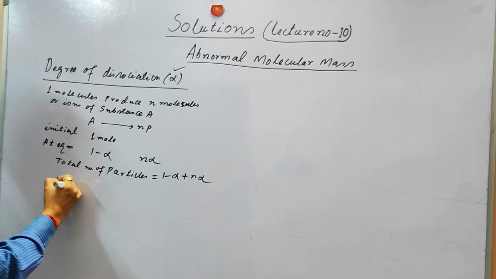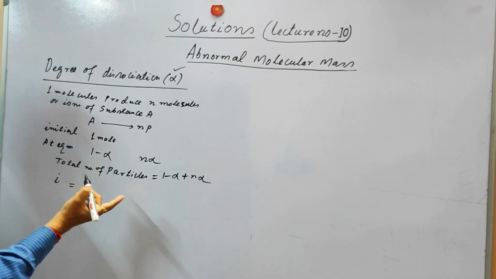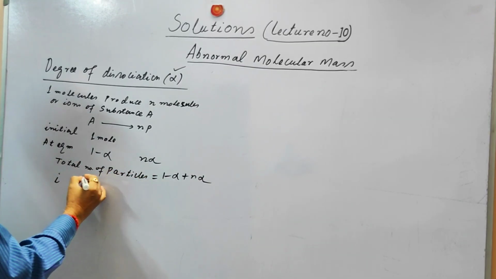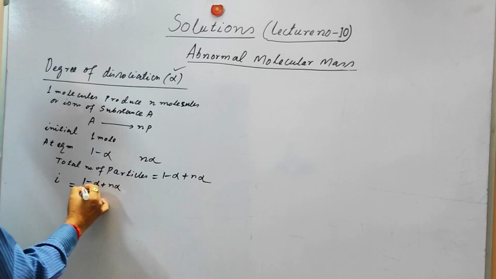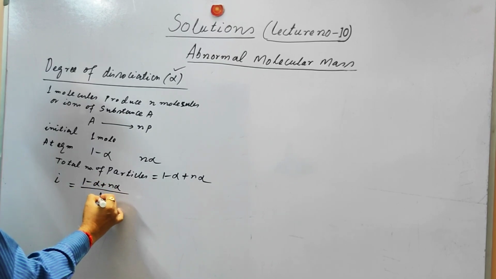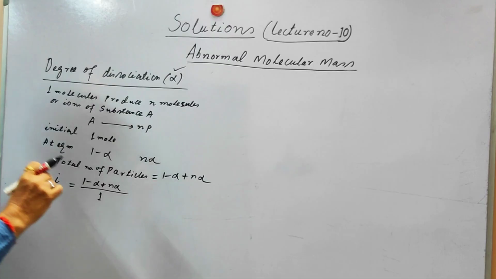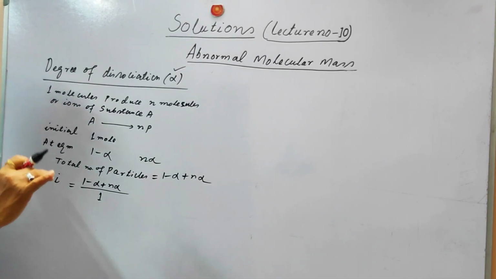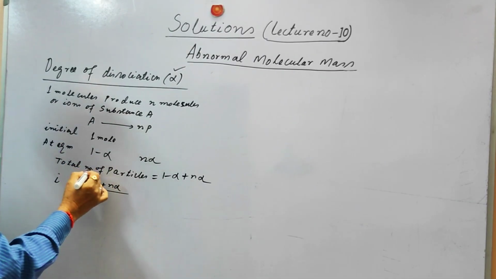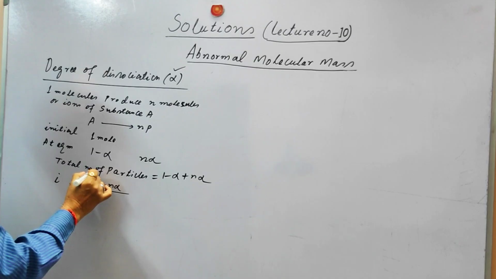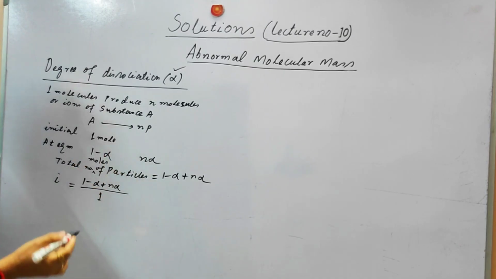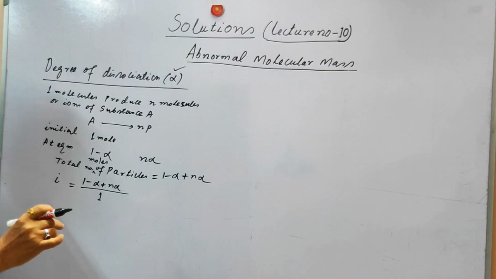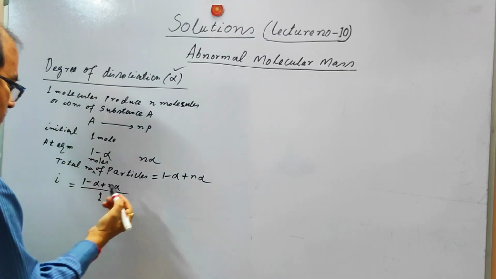So the Van't Hoff factor i is equal to the total number of moles of particles after the dissociation divided by the number before, which is 1.